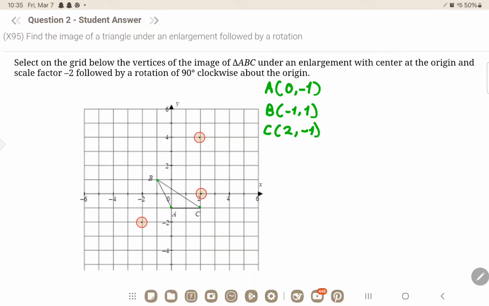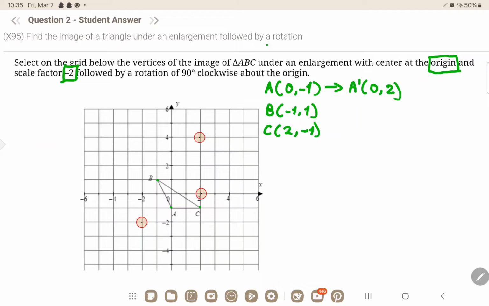Now, first of all, with center at the origin, you want an enlargement of scale factor -2. Now, there is a long rule for enlargement or dilation, but it's only when it's not around the origin. When it's around the origin, you're gonna take 0 multiplied by -2, and then -1 multiplied by -2. So first, A prime is gonna give you 0 times -2 stays 0, and -1 times -2 is 2.